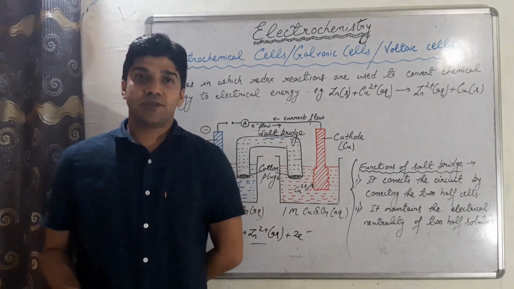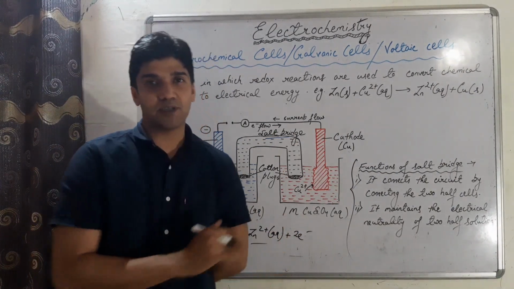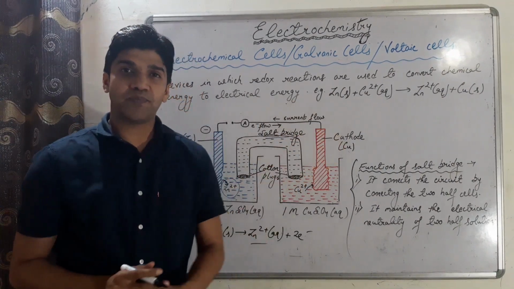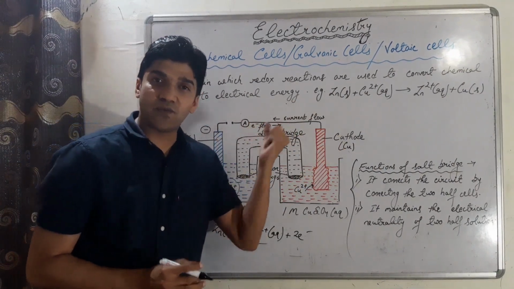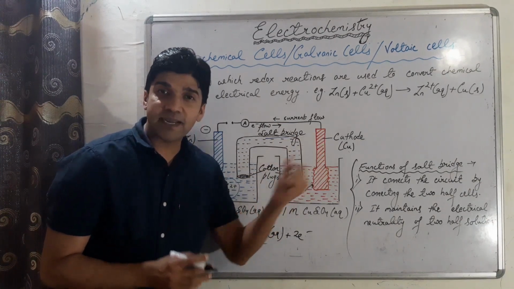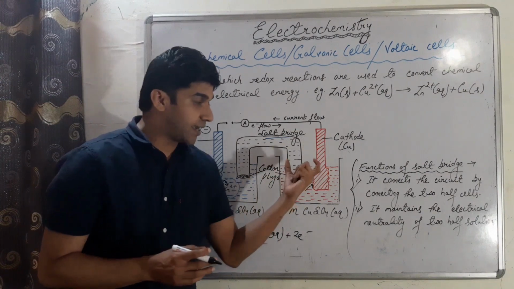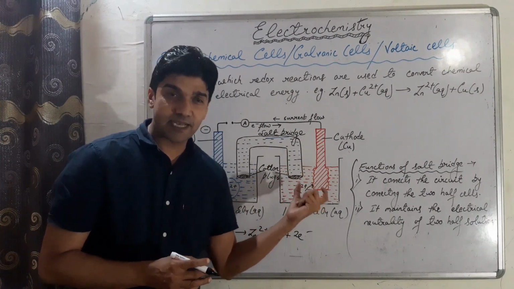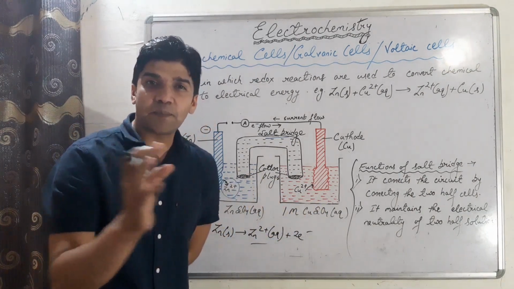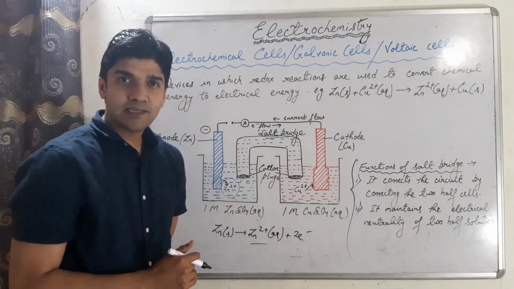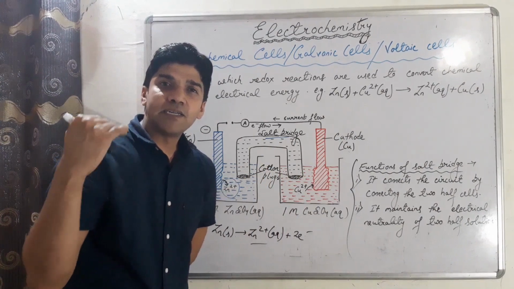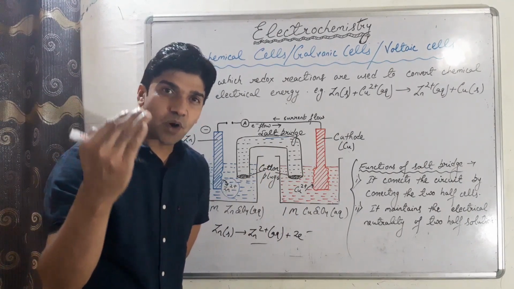The electrons released during this process move towards the copper electrode with the help of the external wire, and are accepted by the copper electrode. And in this half cell, the copper ions present in the copper sulfate solution gain the electrons, and the copper ions are reduced to form copper.